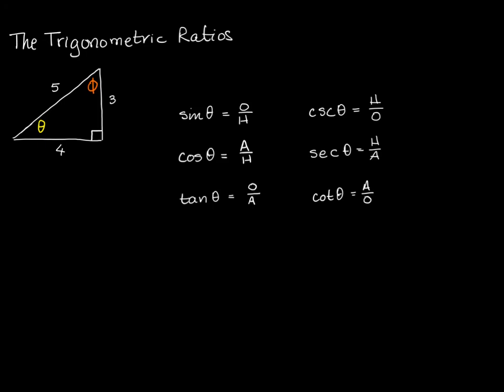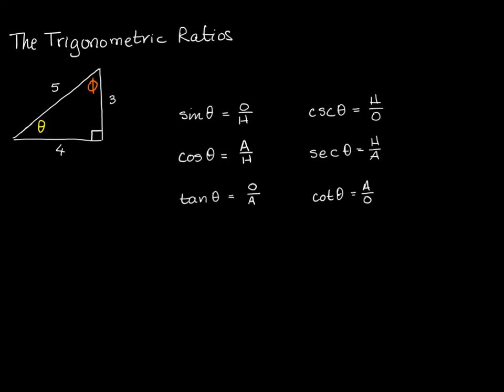One of the things we'll be doing in this class eventually is learning how to write one trigonometric ratio in terms of another. And it's really useful and very helpful to recognize the specific relationship these ratios have with each other. In other words, each one of these is a reciprocal of one of the others.